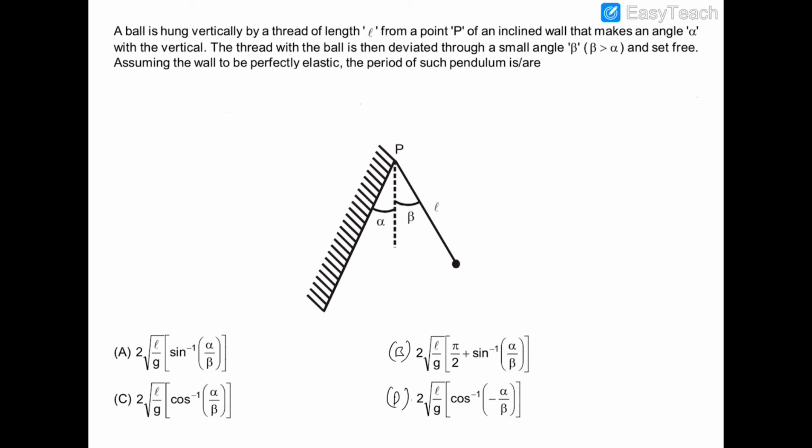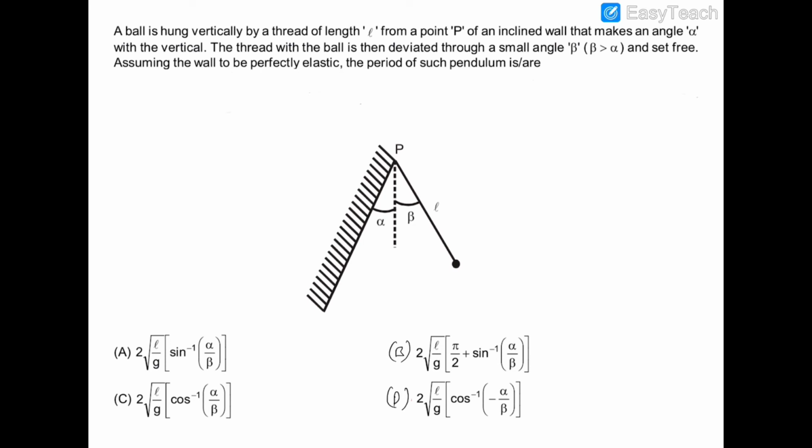So all in all, it oscillates like that. This is the angular amplitude, and it goes like that, and then it collides elastically with this wall and rebounces, and then again goes to this mean position. So we have to find out the time period of this pendulum.